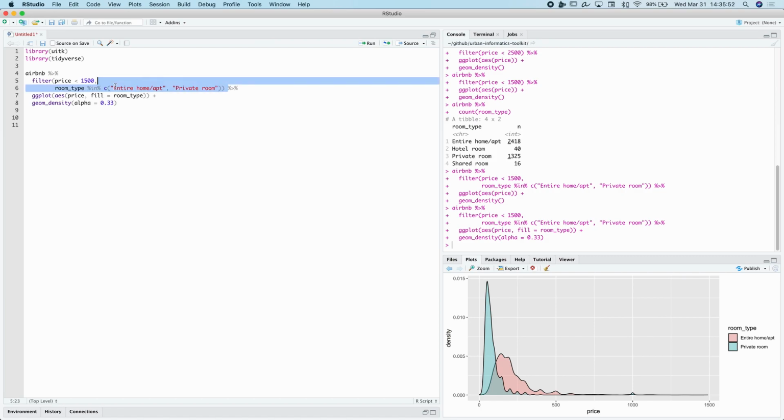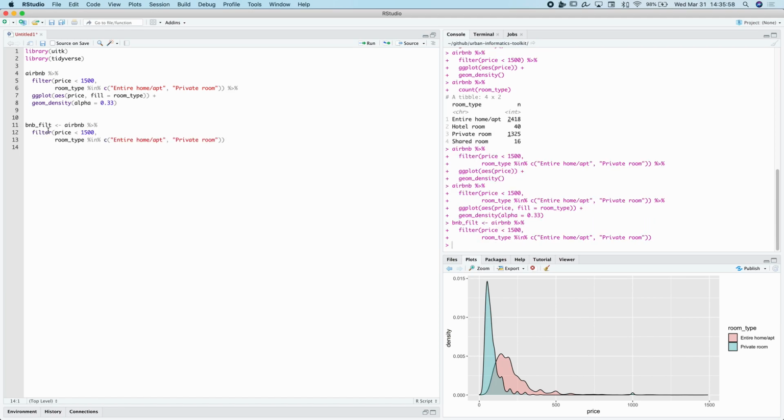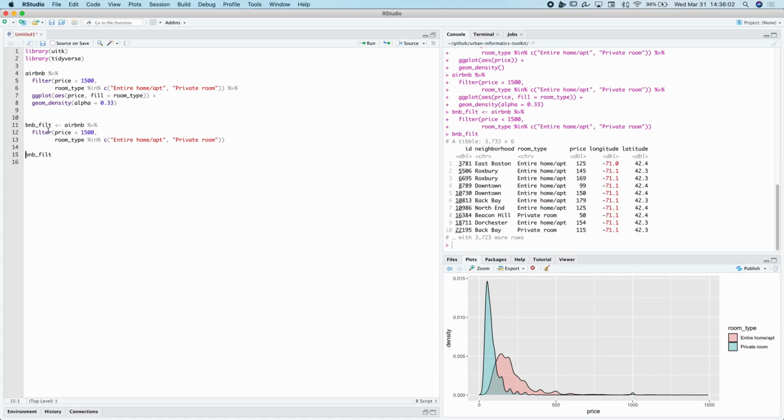So let's take this and call this BNB filt. Now we have BNB filt. And let's just look at the averages of this and see how different they are, right? So we can say summarize average price equals mean price.